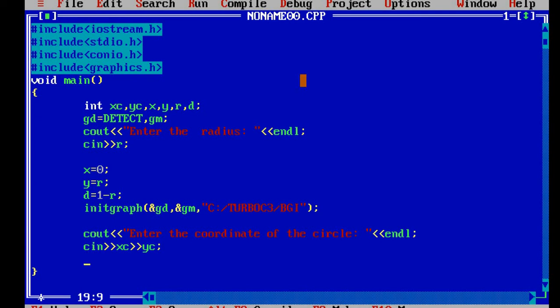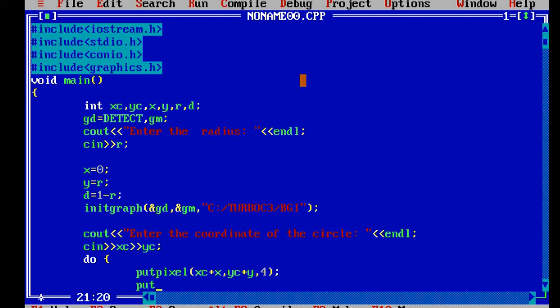Then the do loop: do, putpixel for the circle generation. So putpixel xc plus x, comma yc plus y, comma 4. Here 4 is the color.